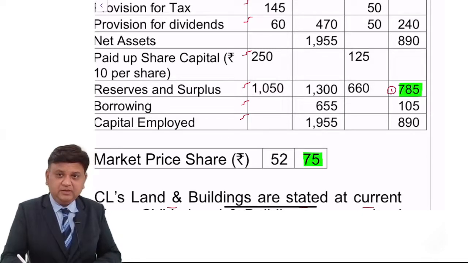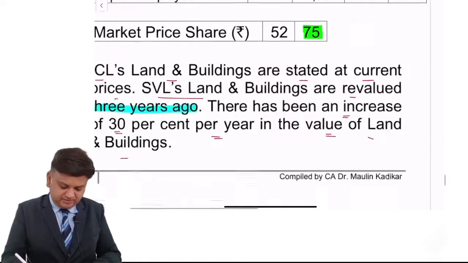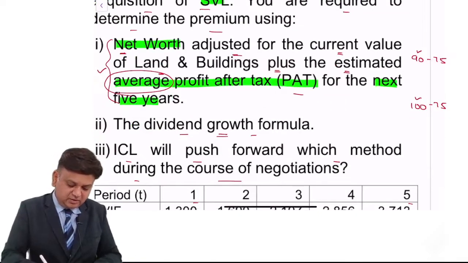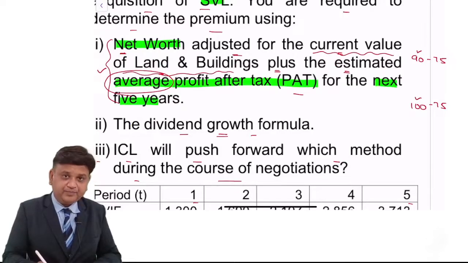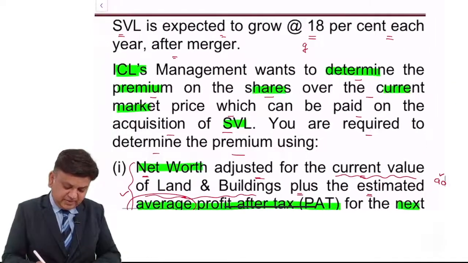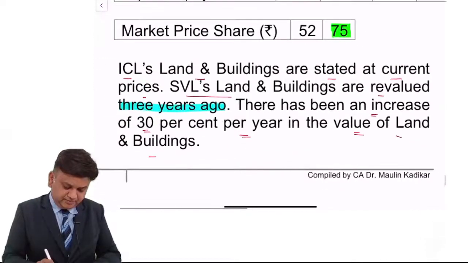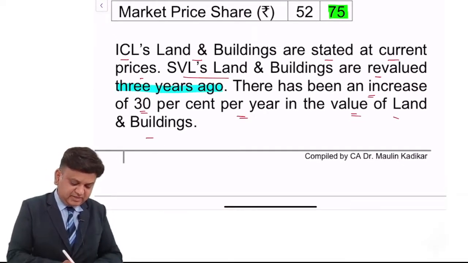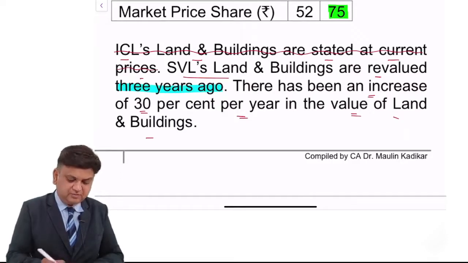1. The question says further, adjusted for current value of land and building. The language of the question speaks that acquiring companies' land and buildings stated are at current prices. We are basically not concerned with the acquiring company information.